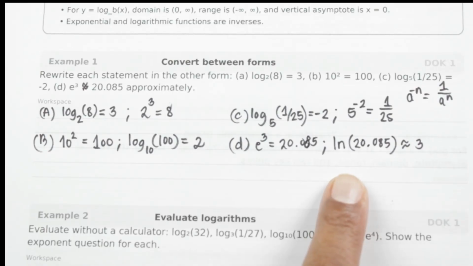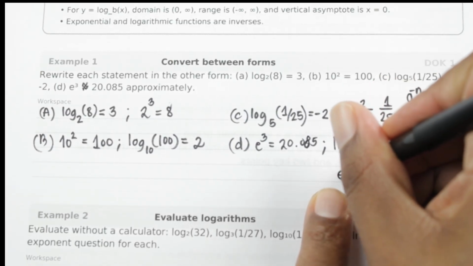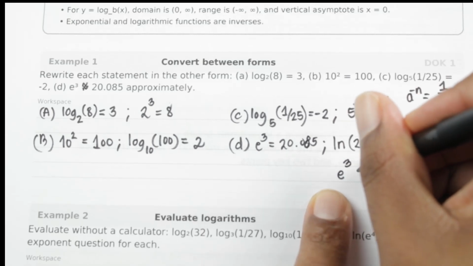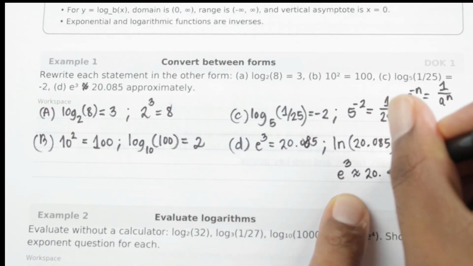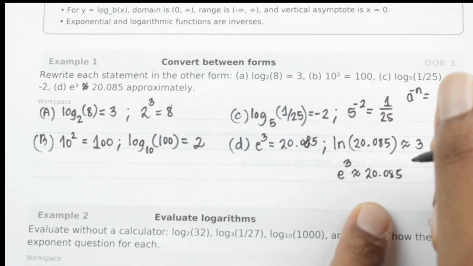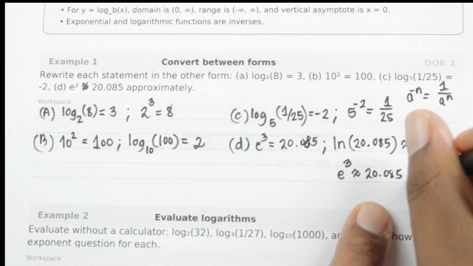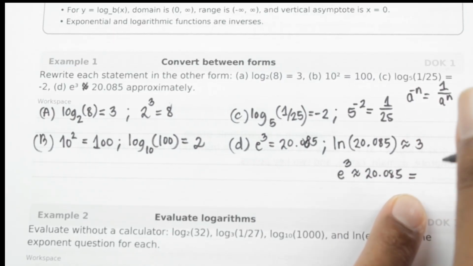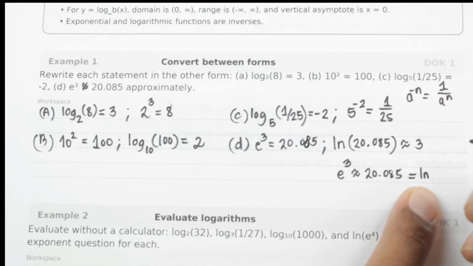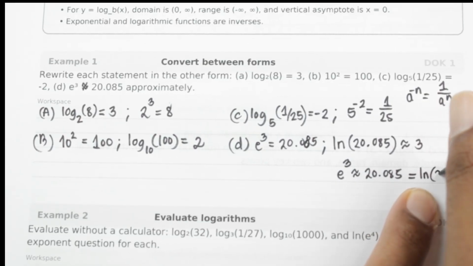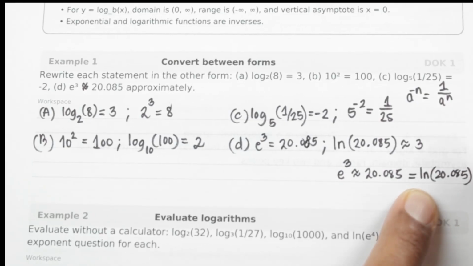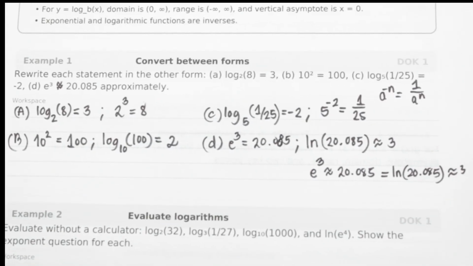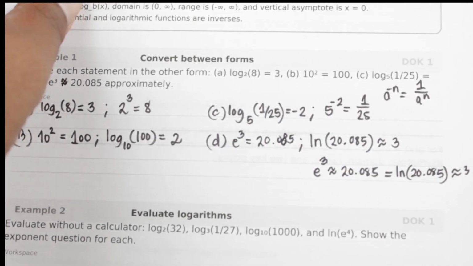So in other words, e to the power of 3 is approximately 20.085, which is logically equivalent to that right there. Okay, let's continue.